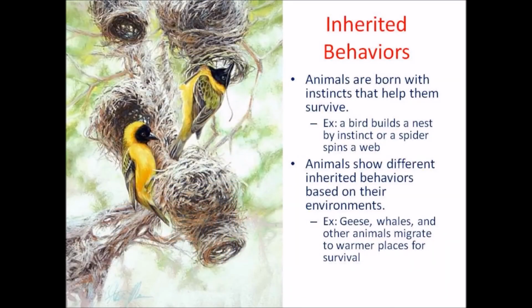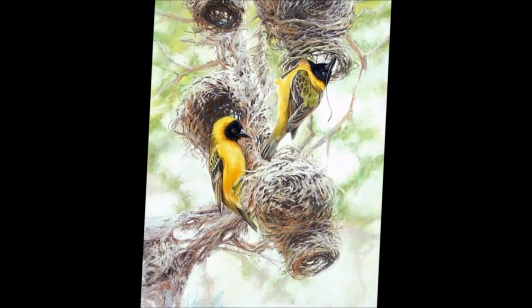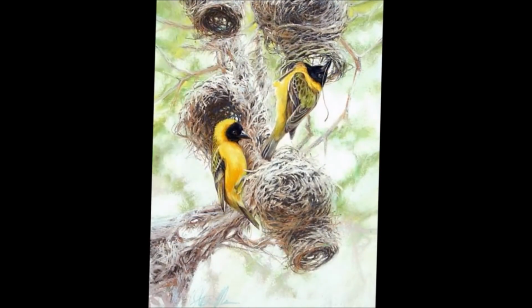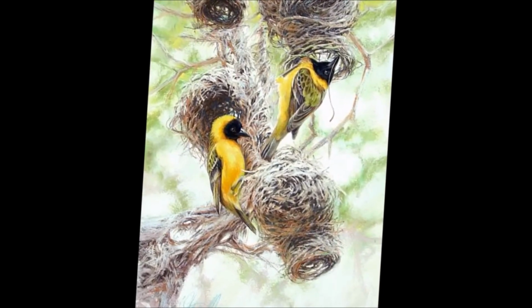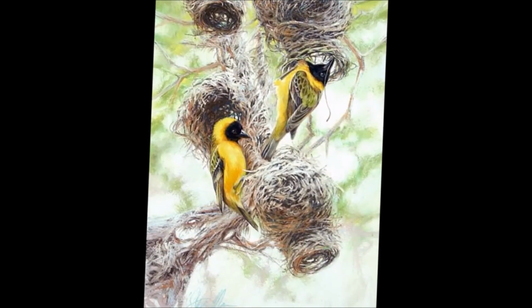Inherited behaviors: animals are born with instincts that help them survive. For example, a bird builds a nest by instinct or a spider spins a web. Animals show different inherited behaviors based on their environment. Like geese, whales and other animals migrate to warmer places for survival.